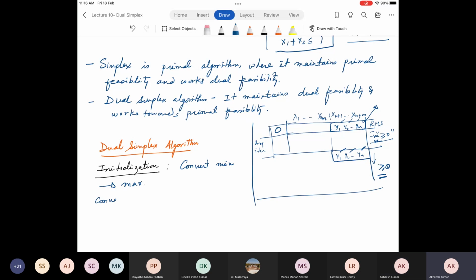Convert any greater than or equal to constraint into less than or equal to by multiplying by minus one on both sides, which is more appropriate to write.